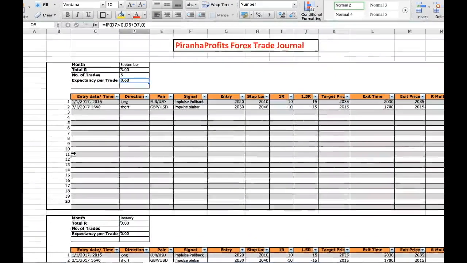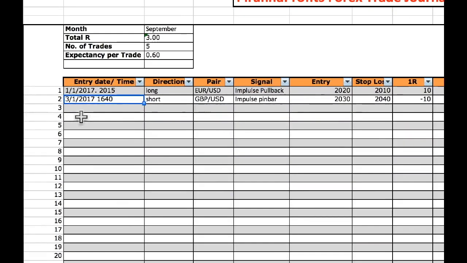So how do you fill this in? I've already given you two examples here, the first two examples. So you can then fill in the rest based on these two examples. The first thing is to put in the entry date and time. Are you going long or short? Key in the currency pair. What's the signal? What's the strategy, right? So it's either going to be the impulse pin bar or the impulse pullback that you've learned in this program, okay?